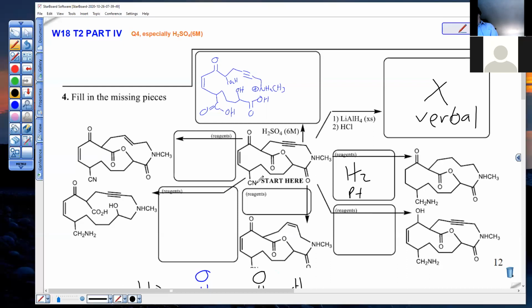And how do you reduce the nitrile and the ketone without touching the pi, and without touching the ester, and without touching the amide, the lactam if you want to be picky? That's the one where you take advantage of sodium borohydride, being able to reduce aldehydes, ketones, and nitriles, and not the other ones. Don't forget to follow that with HCl every time.